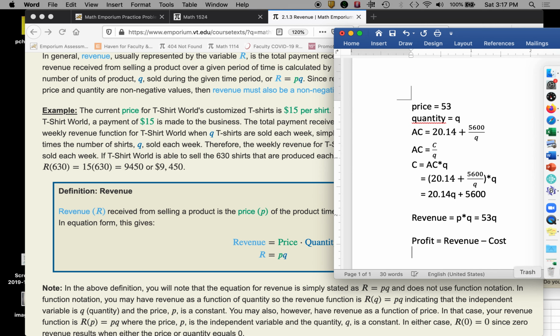Okay, so now that we have all the pieces of the puzzle, we're ready to write the profit. That's going to be 53Q minus, and I'm going to put the cost in parentheses because there are two terms, and I wouldn't want to forget to subtract both of those terms.